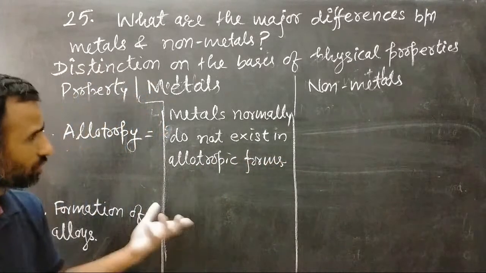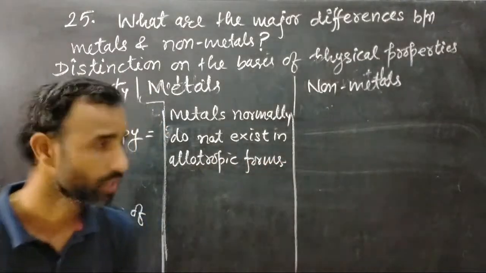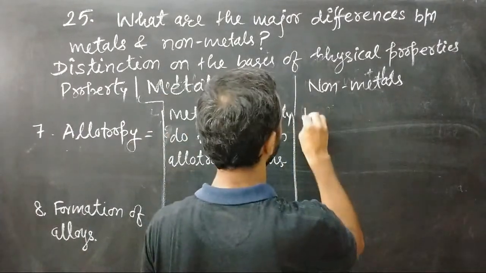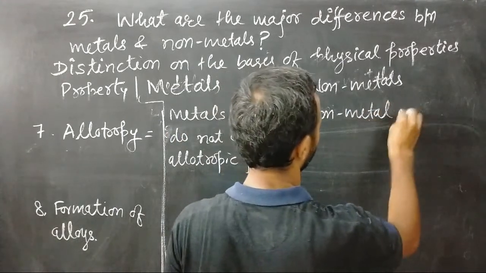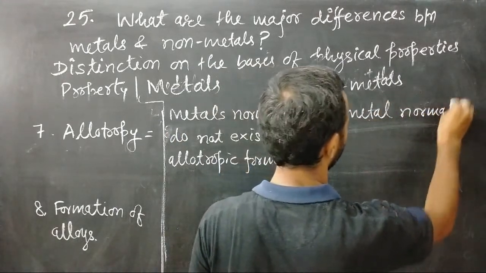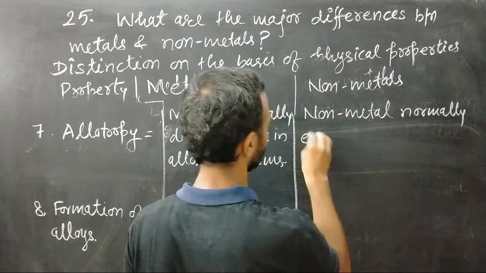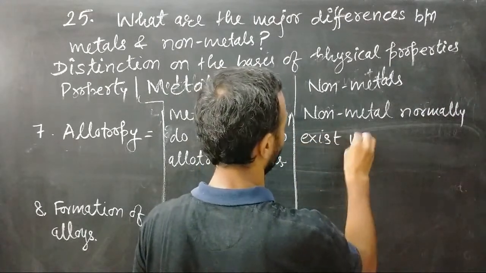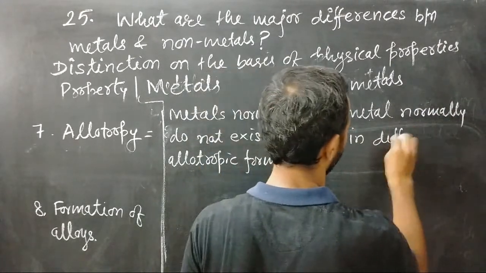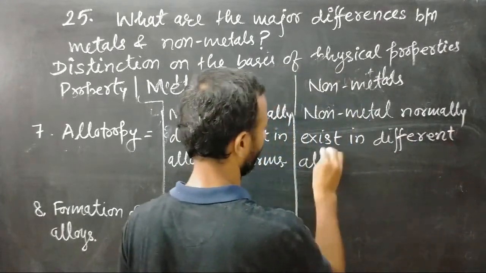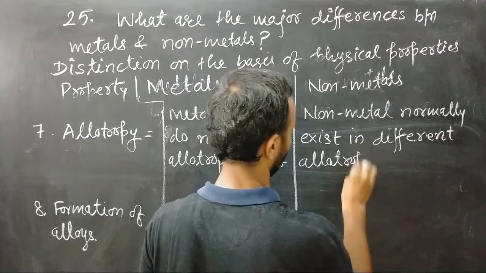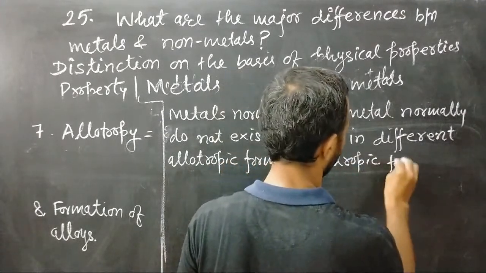Yeah, metals do not have allotropes, but non-metals normally exist in different allotropic forms.